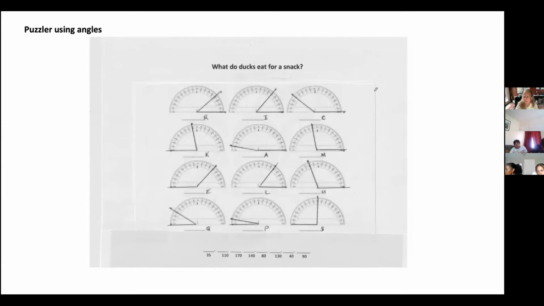What do you think it is? Anybody want to try with their protractor on this one? Did anybody try? Yes, Naomi, good. 140. Good. So 140 is C. So write that in a box so that we can figure this out at the bottom.